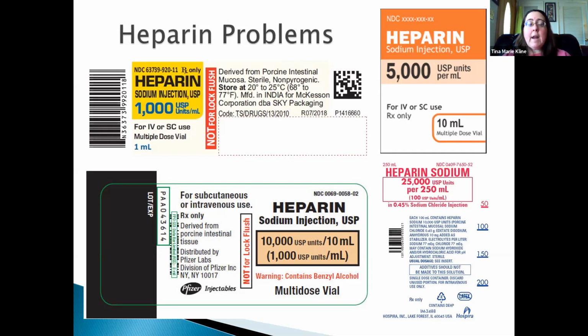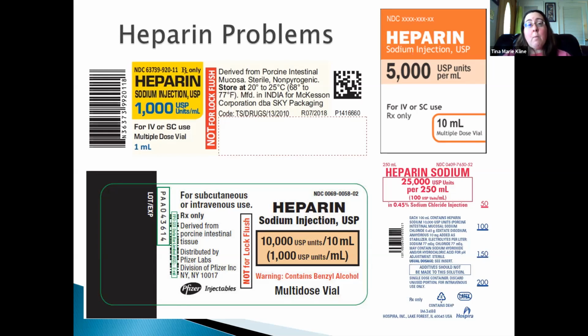And when you are starting a heparin drip, titrating a heparin drip, or making changes to a heparin drip, that needs to be checked by 2 licensed nurses, one of whom must be an RN. Some facilities require it to be 2 RNs. Some facilities are okay with an RN and an LPN, but they have to be 2 licensed individuals, and one person for sure has to be an RN. So I want to make that point.